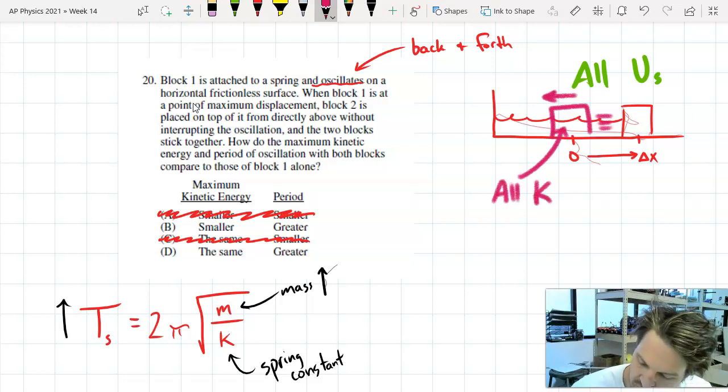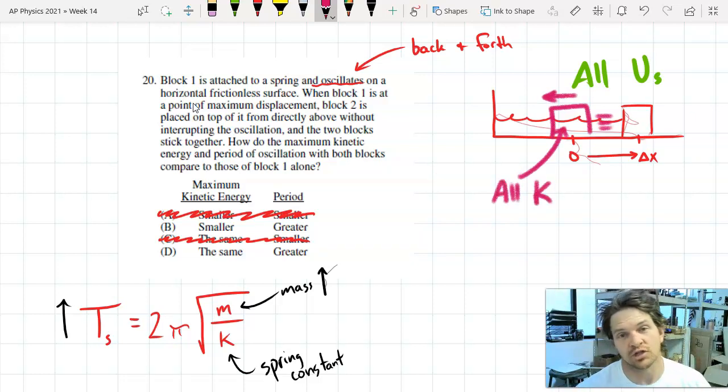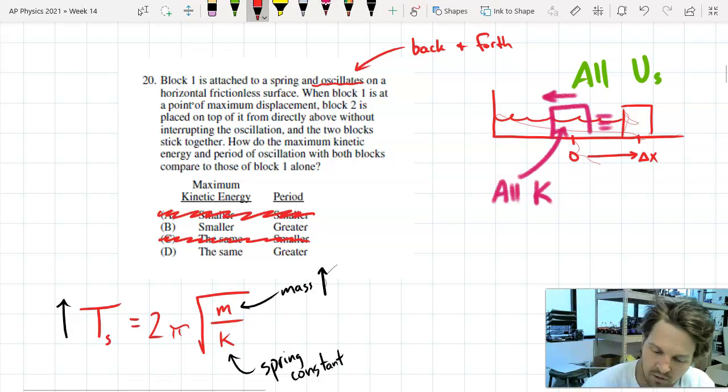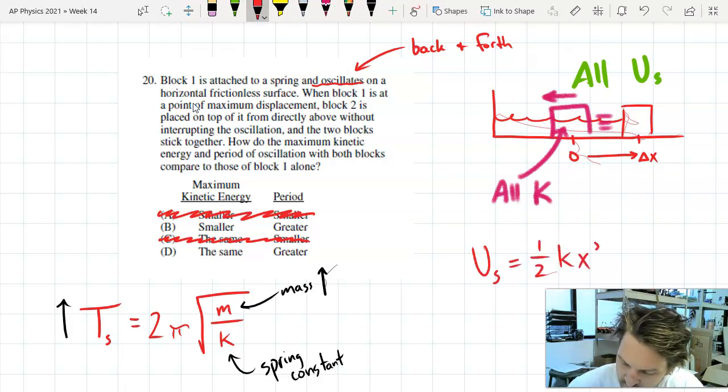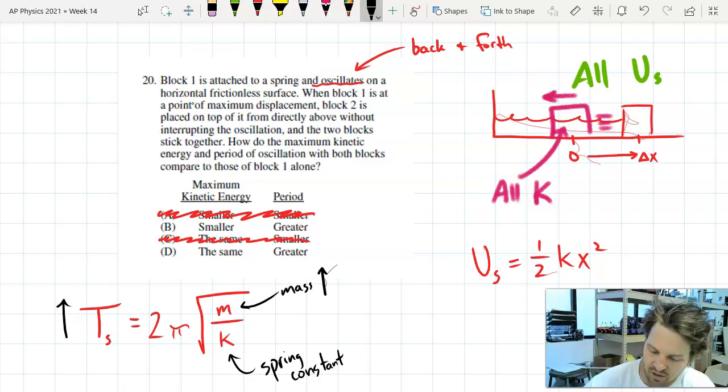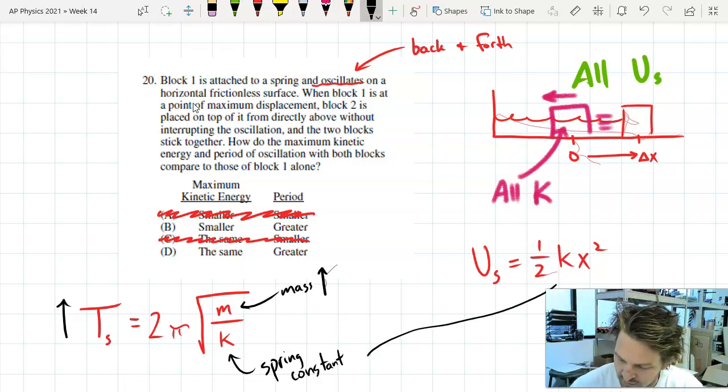So when we talk about conservation of energy, all the spring energy when it's stretched out is then getting put into kinetic energy. So the most kinetic energy it has can only be the same amount as the most spring energy it has. So spring energy, 1/2 kx squared. We just talked earlier, the spring constant doesn't change, so this is the same.